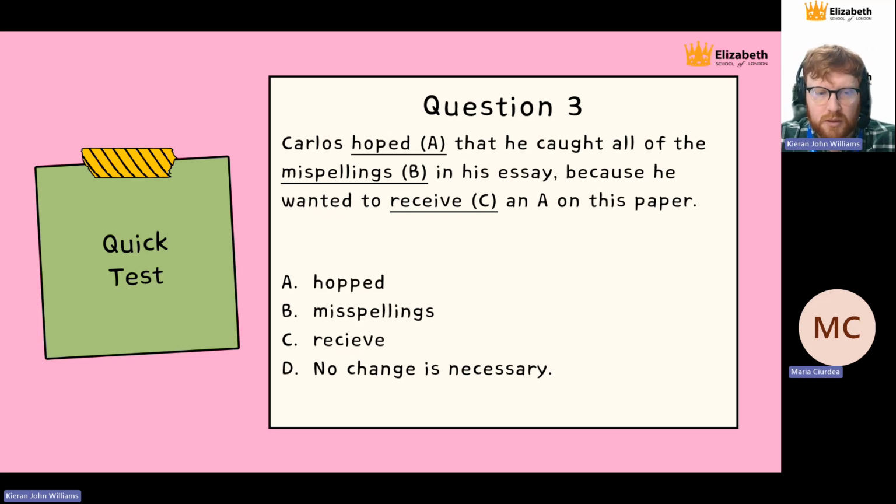So I can tell you, for this one, the incorrect answer is B, because we've got spell, as in to write a word correctly. And miss means that something is wrong, so it would have to be misspell. Miss is your prefix, and then you have spelling. Exactly. Yes.